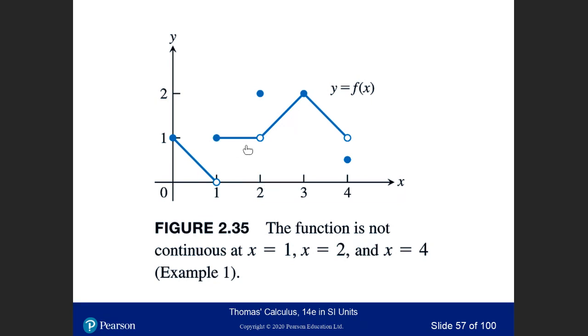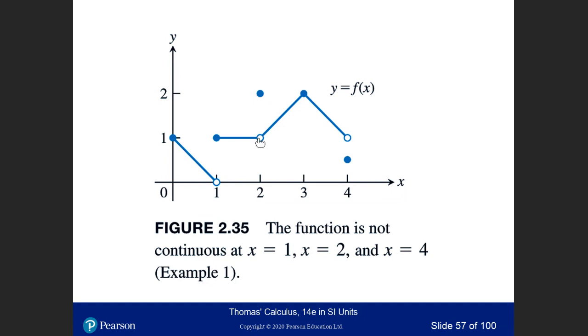Let's look at point 2. Now, as you approach 2 from the left-hand side, you have a limit of 1, and as you approach 2 from the right-hand side, you have the same limit. The function is not continuous at this point because the function value is 2. So the limit is not equal to the function value.